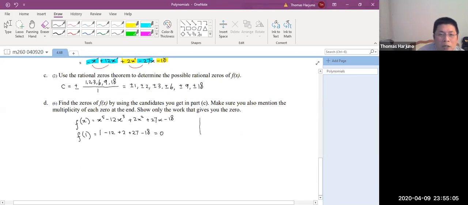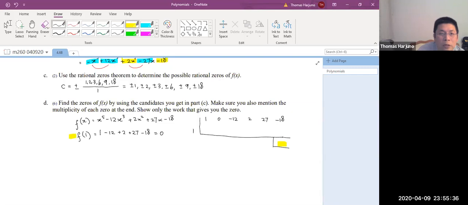Because 1 is a zero, I can use that 1 to reduce the polynomial. 1, 0, negative 12, 2, 27, negative 18. I know 1 is a zero, so I know this last part here will be 0. That's not the issue.